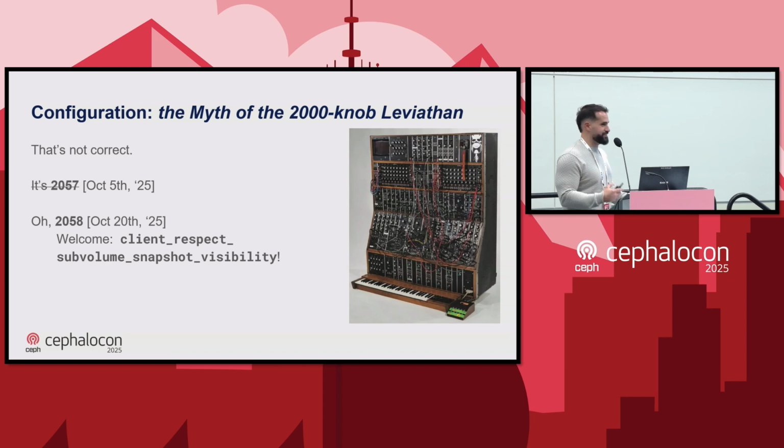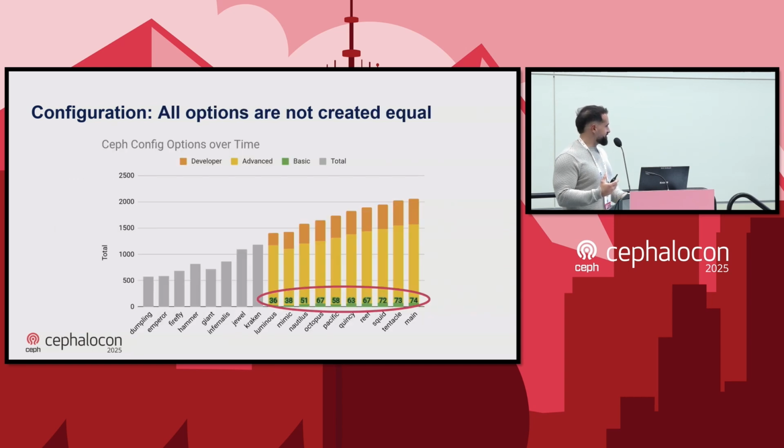So welcome. But that's not inherently bad, in the sense that this is a graph that shows all the Ceph config options over time, starting with Dumpling up to main or Tentacle. Although the total number of options is now above 2,000, the number of basic options is still very low, around 70, and most of them have defaults, so you don't even need to configure them.